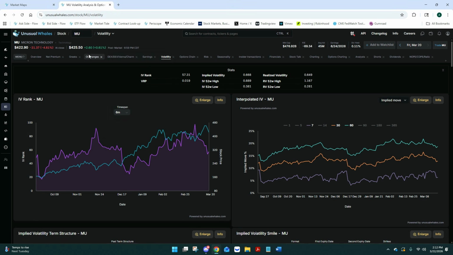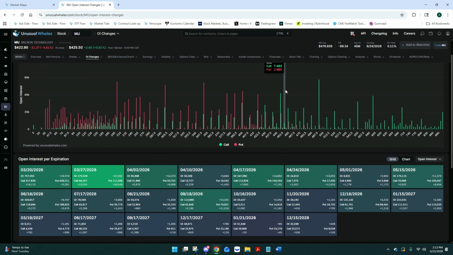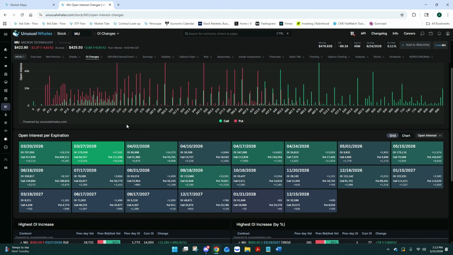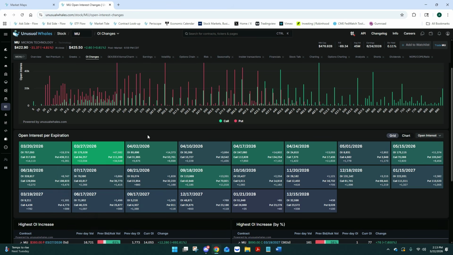So let's go look at our open interest changes on MU. This is our full open interest right now on MU. You see a lot of calls and puts, again, highly traded name. I'm coming down here, looking at that open interest by expiration. What looks really good here, what name has the biggest open interest. There's a lot of open interest on those 327s.